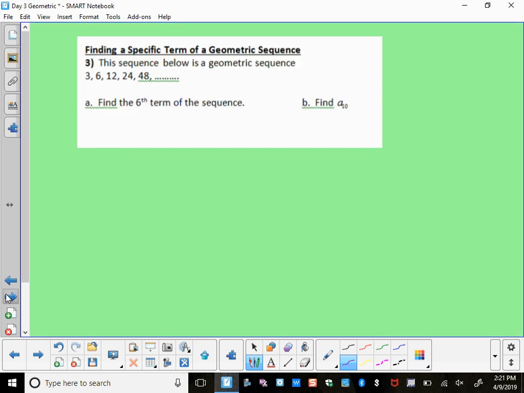All right, look at number 3. The sequence below is a geometric sequence. So I have all these terms. 3 is my first term, 6 is my second, 12 is my third, 24 is my fourth, 48 is my fifth term. They want me to find the sixth term. Well, what am I doing to get to each number? What's my common ratio?